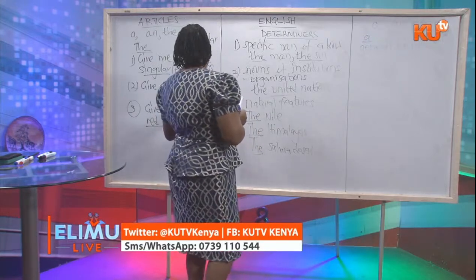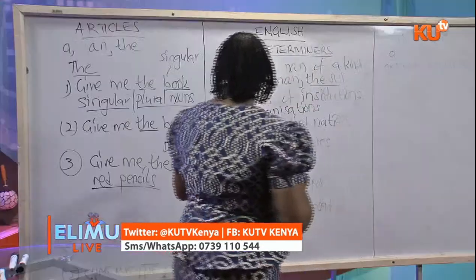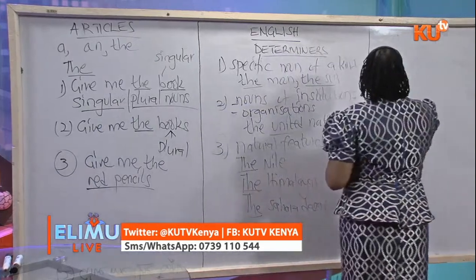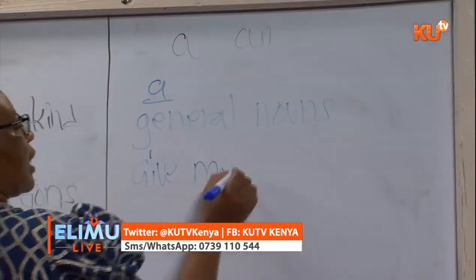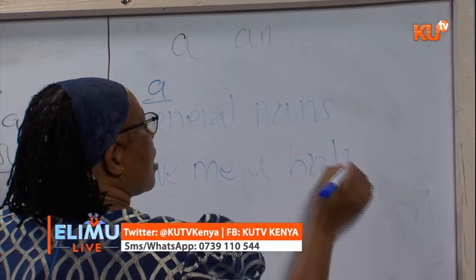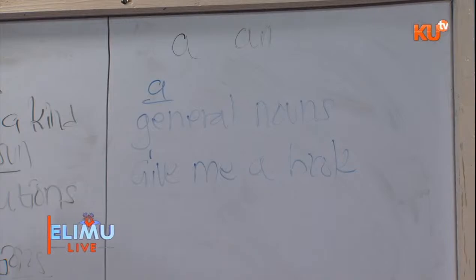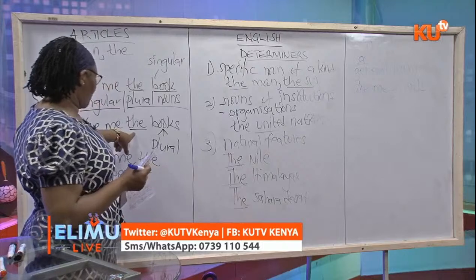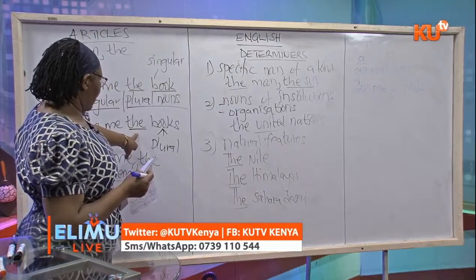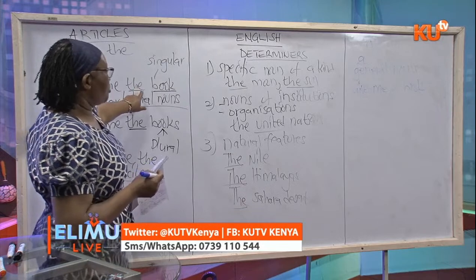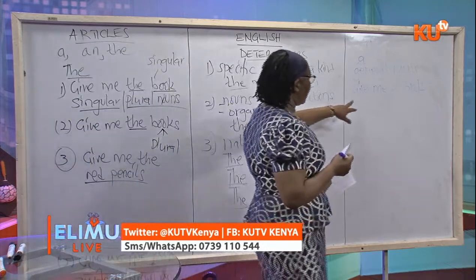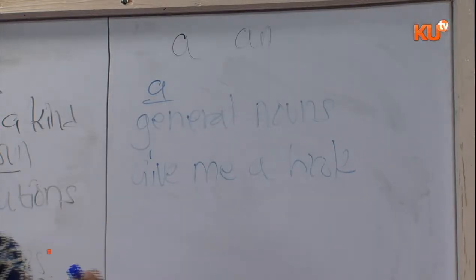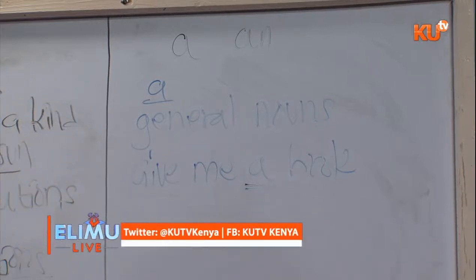Give me the books. Now if we replace determiner "the" with a, we'll say give me a book. In the first case, this one is referring to a certain book which is well known, but in this case the book is not specific, it is just a general book. So that is why we are using a.